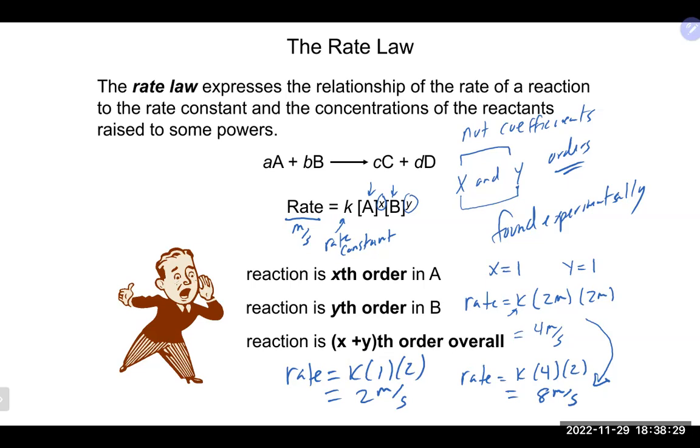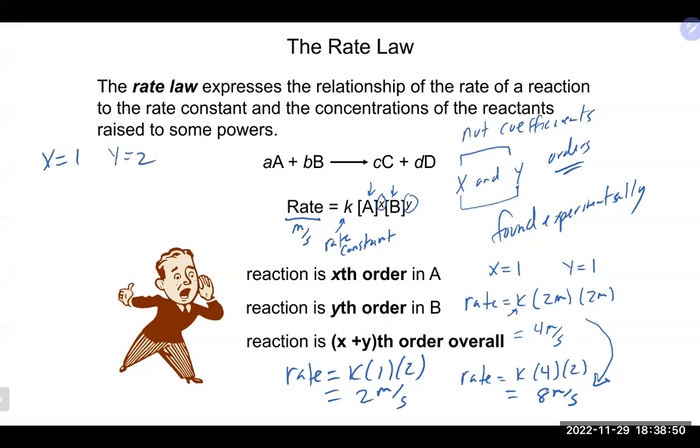Now, in this example, they both have an order of 1. By changing one concentration or the other, we can double the rate if we double the concentration, or halve the rate if we halve the concentration. But let's just say that we did the calculation and X was 1 and Y was 2.